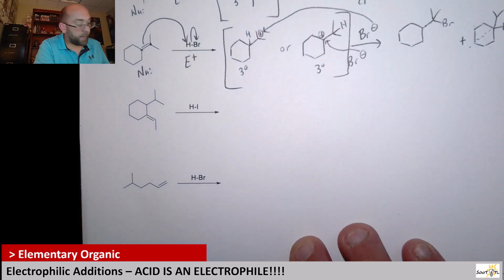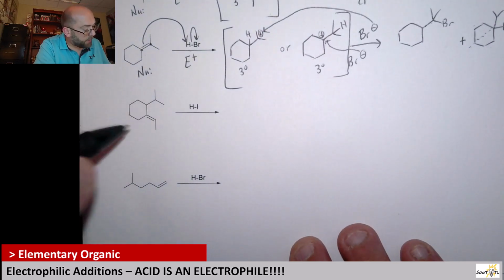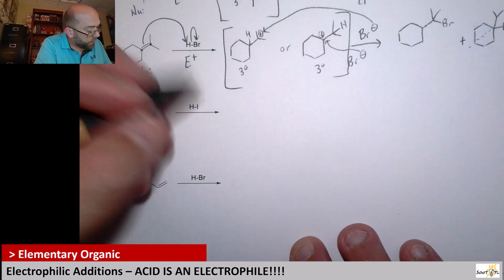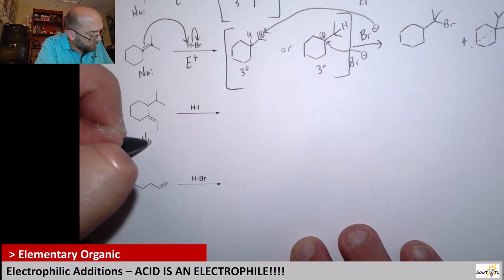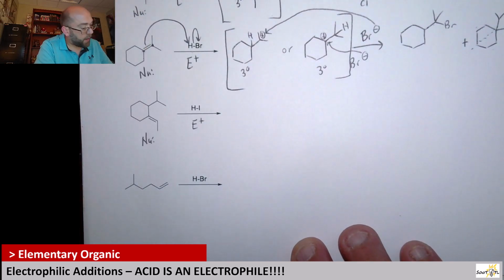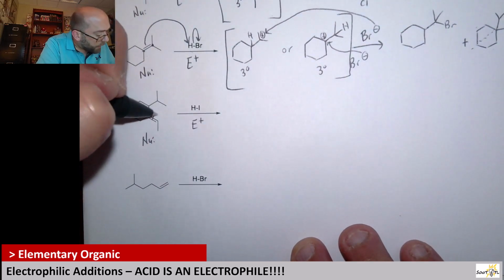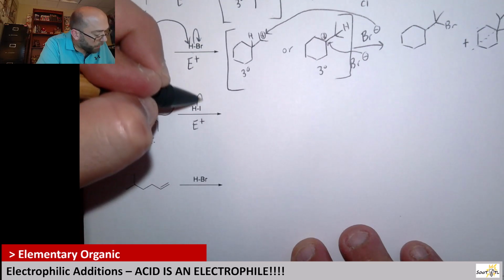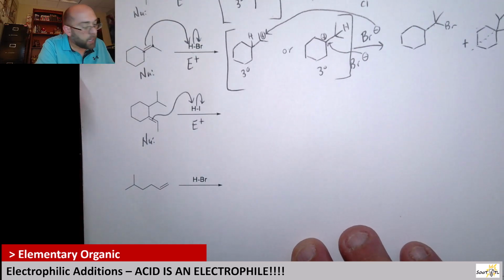All right, now looking at our next one here, it's a bigger structure, but yet again, we have an alkene acting as our nucleophile. We have our acid acting as our electrophile. We would see the pi bond attacking the hydrogen, breaking the HI bond, and those electrons are going to go to the iodide.